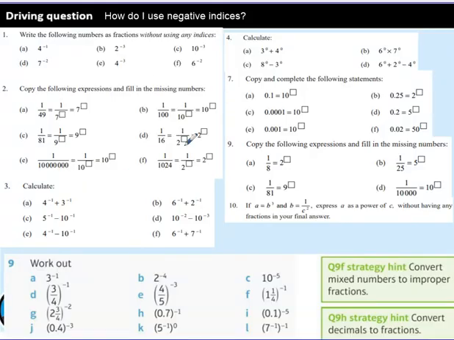Brilliant. I'd like you to try these questions now. Write the questions down on your paper or in your book and write the answers, and then we will show you the answers shortly after.